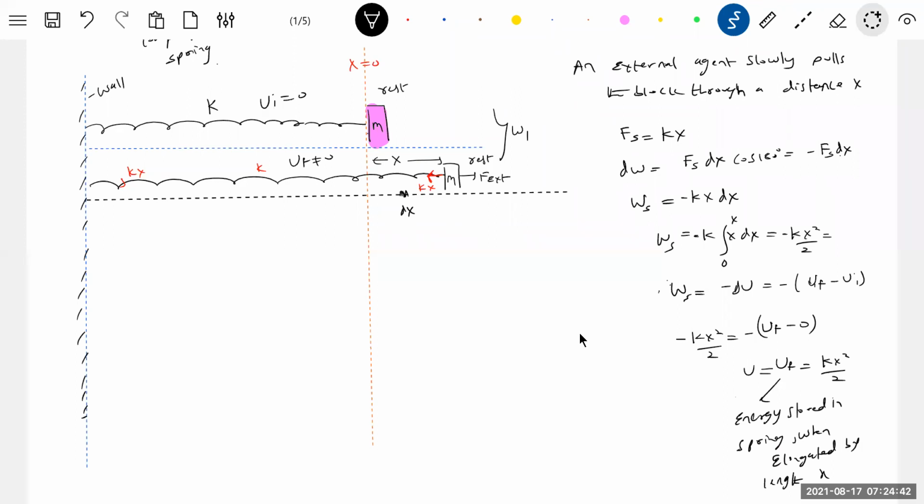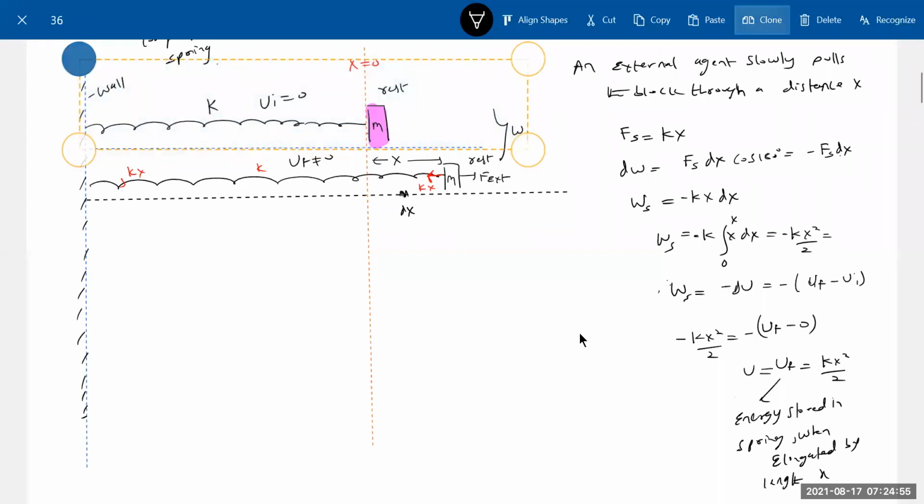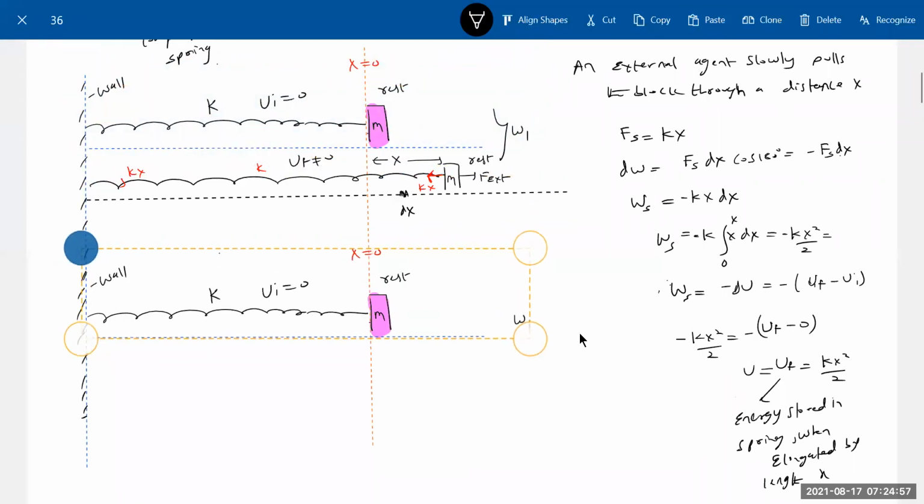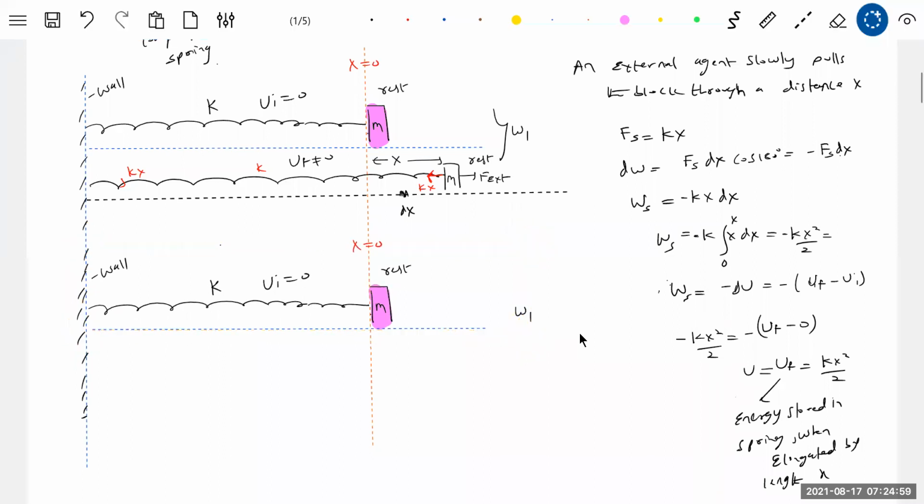Similarly, sir, I am going to compress it. How do you explain it when it is compressed? Will it store energy? Yes, the same description. We'll take it. Okay, now the external agent will come.